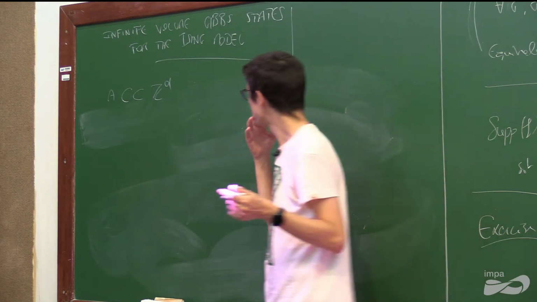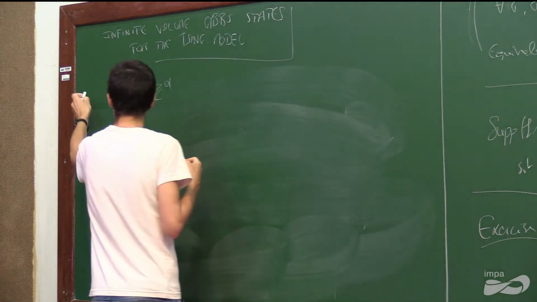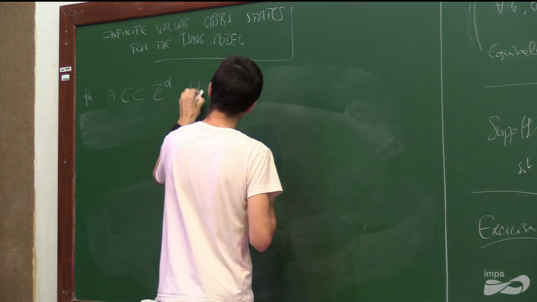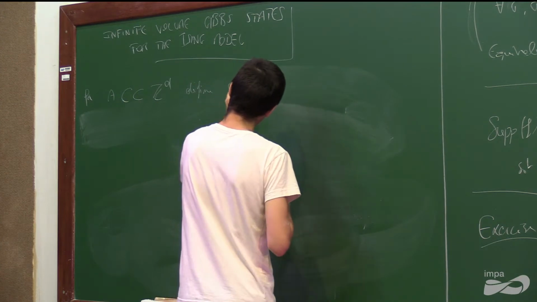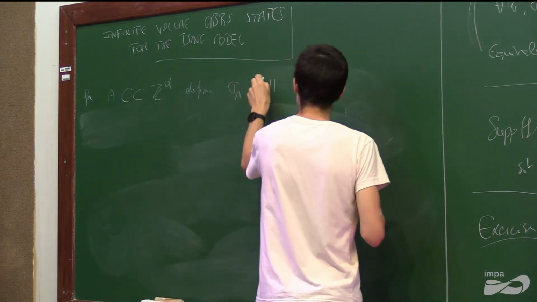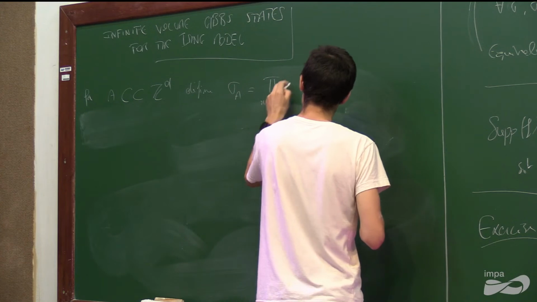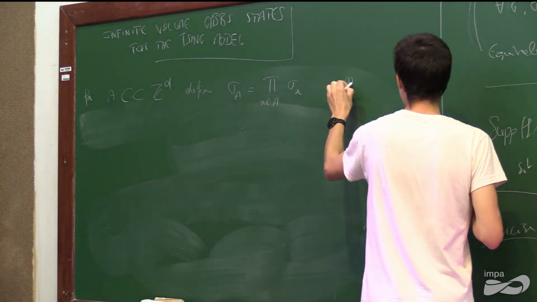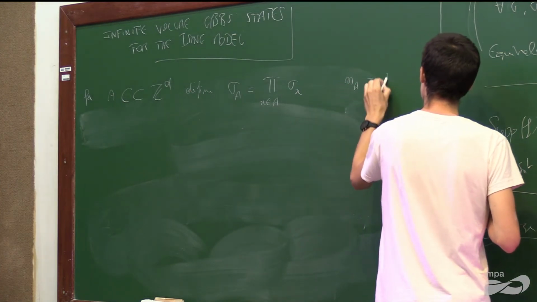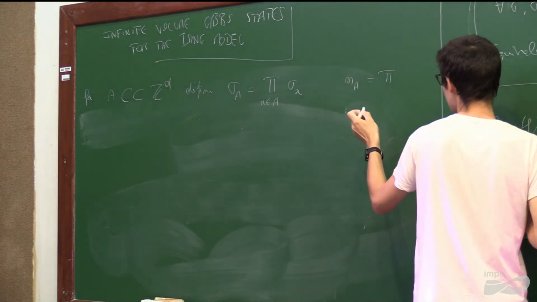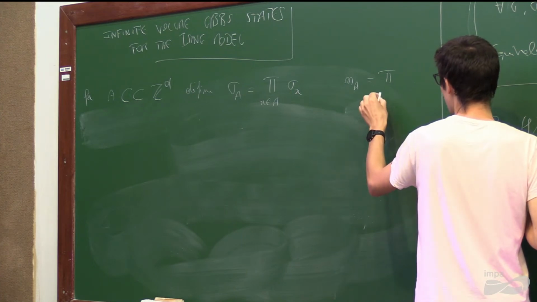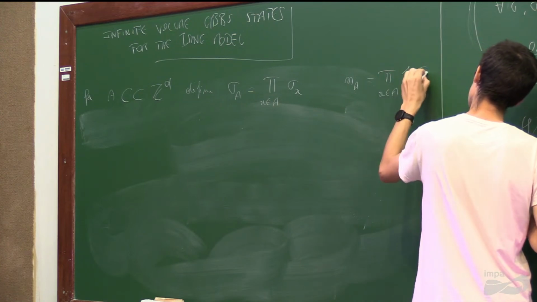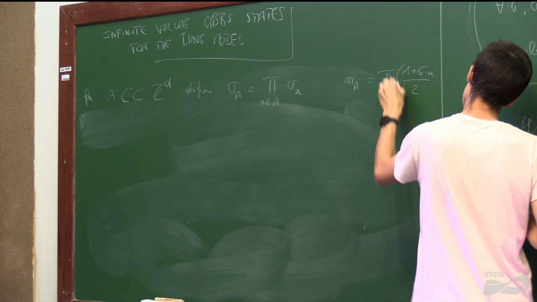So for A a finite subset of Z^d, we define sigma A, which is just the product over x in A of sigma x, and n A, which is the product over x in A of (1 plus sigma x) over 2.